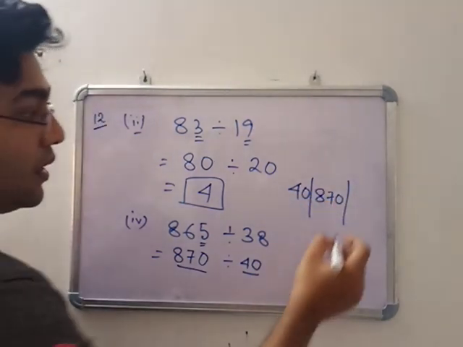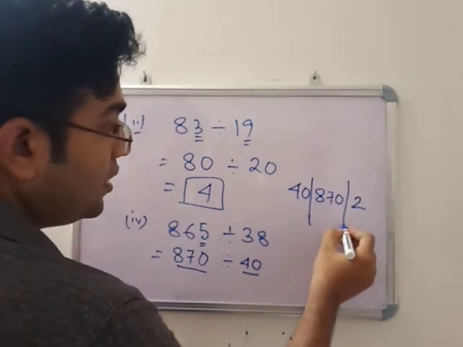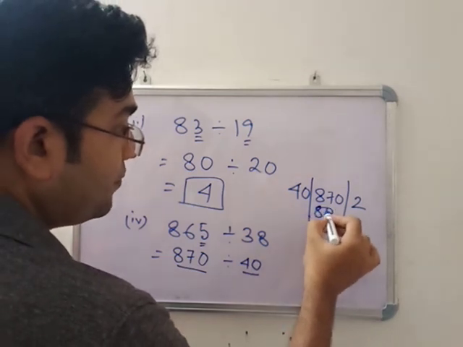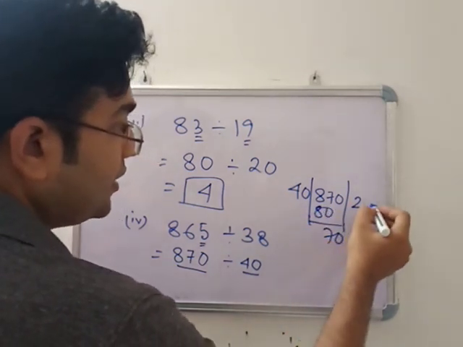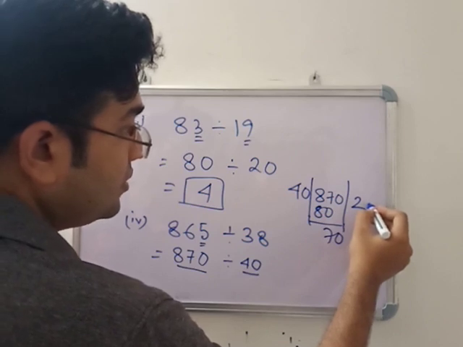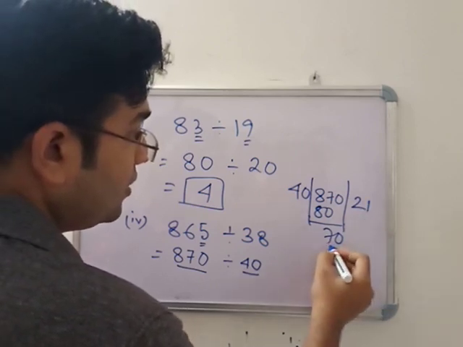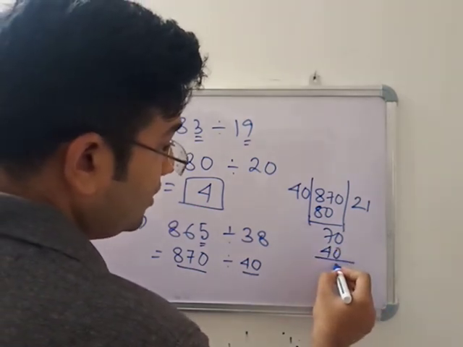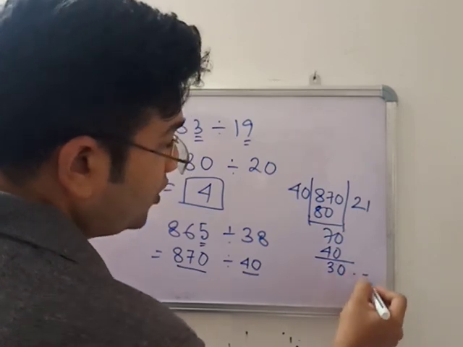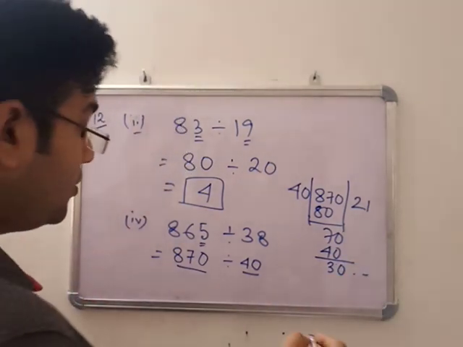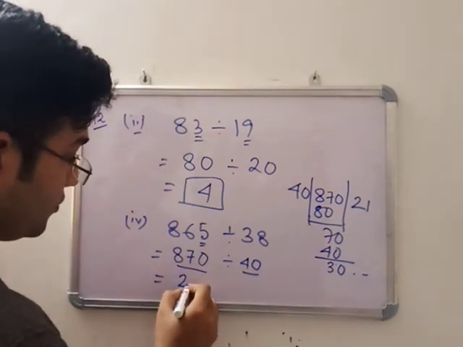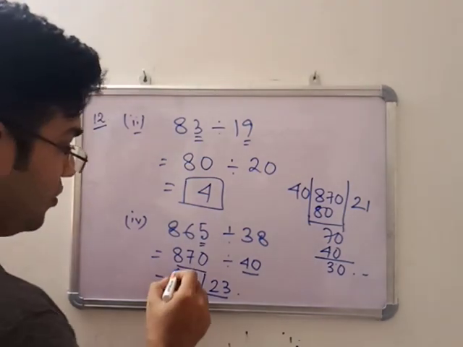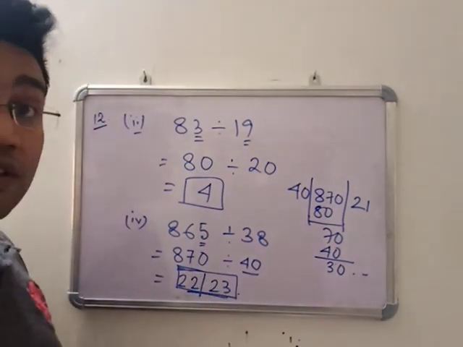Now this is 80 and 70. That means it is nearest to about 22, or in some books 23 also. Okay, it's nearest to 22 or 23.